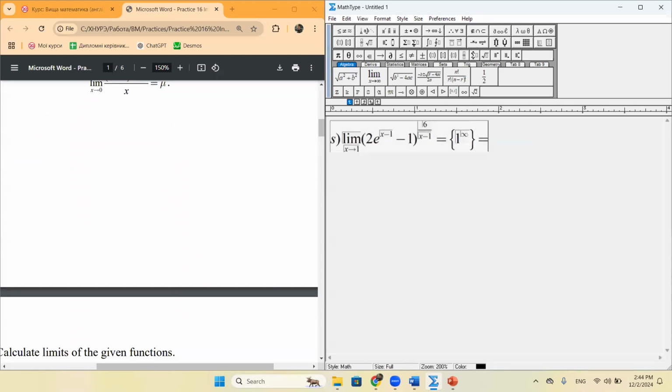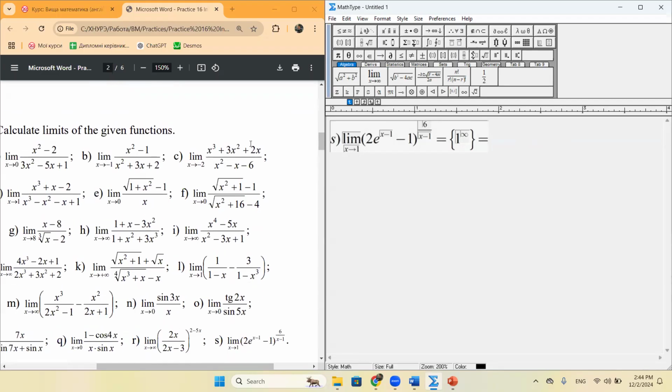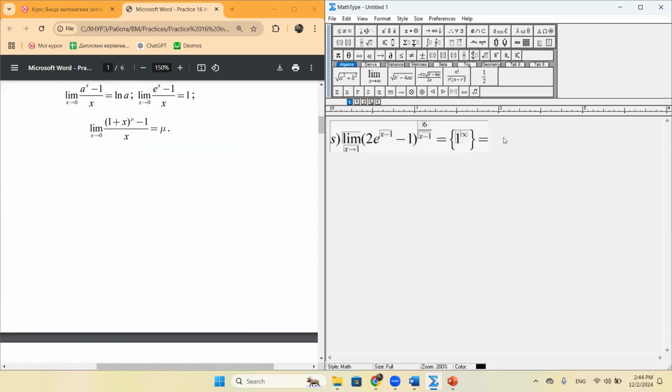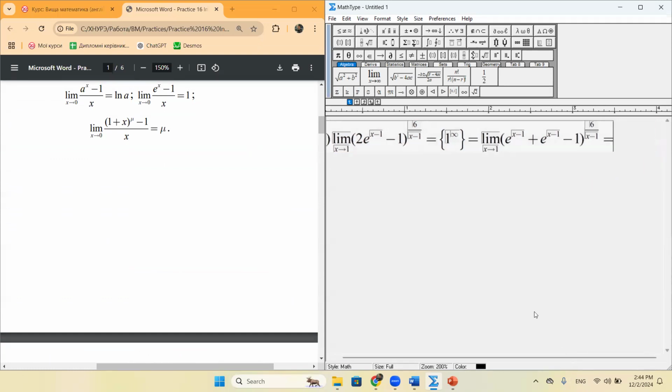So as well, we will solve this exercise using the second special limit and its consequences. So I will expand this expression in brackets and modify it to use correct formulas.